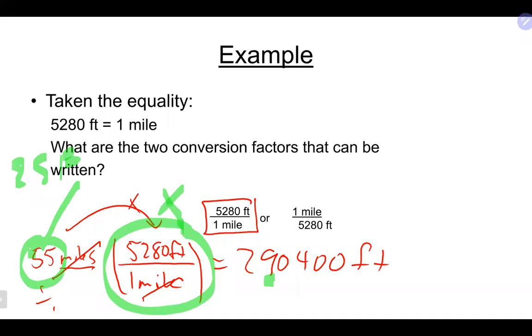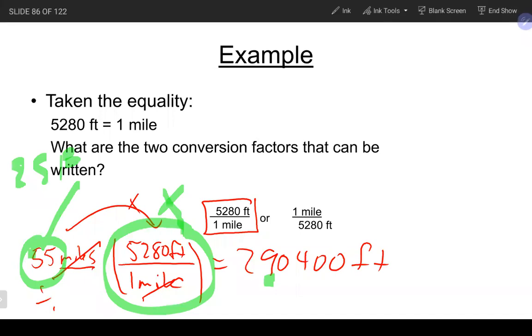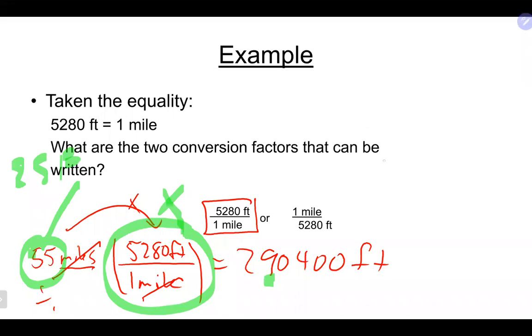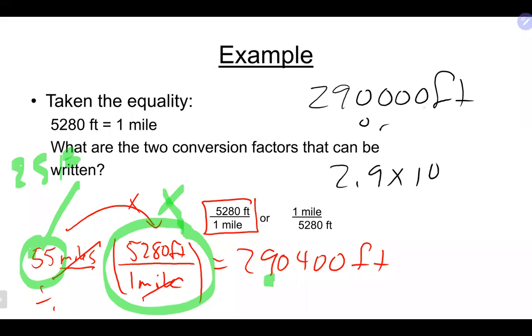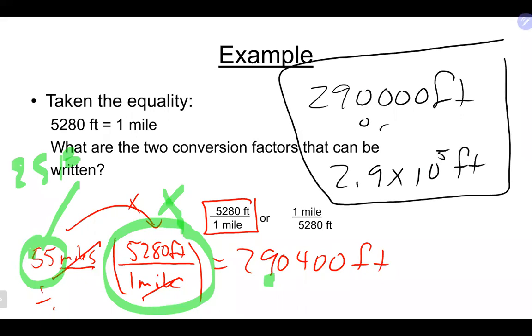And once again, we do not want to do any kind of super rounding here. So we could leave it as 290,000 feet, or we could do 2.9 times 10 to the 5 feet. Again, both would have 2 significant figures in this particular case.